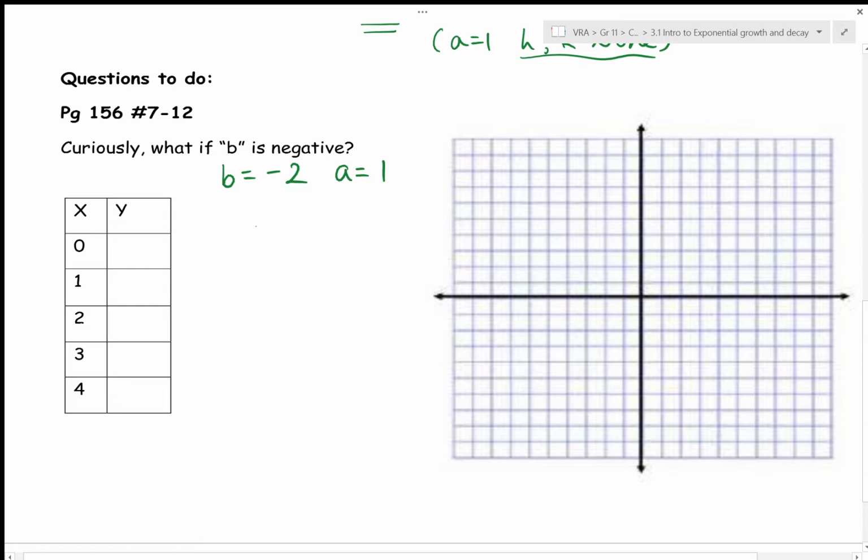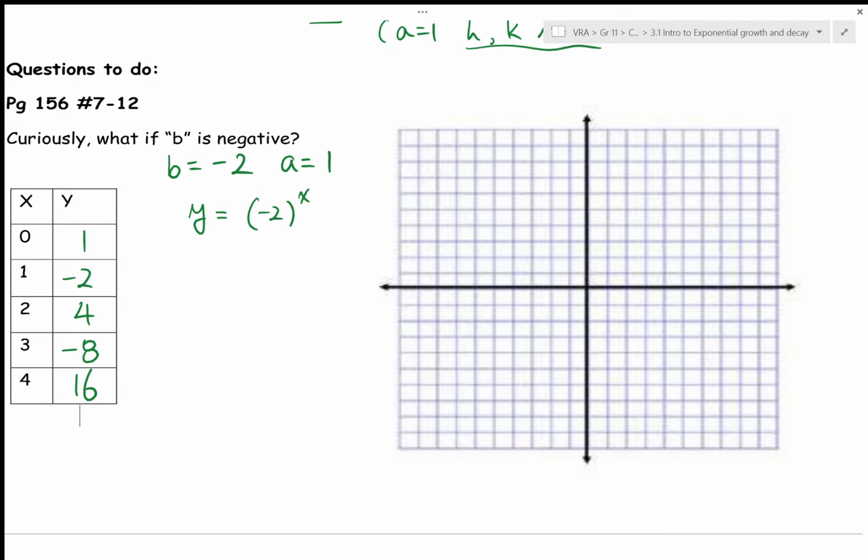Our function looks like y equals (negative 2) to the power of x. Obviously there is 1 times, but we don't have to worry about that, since timesing 1 is the same as not timesing anything. Using the calculator, this becomes 1, this becomes negative 2, this becomes 4, this becomes negative 8, this becomes positive 16.